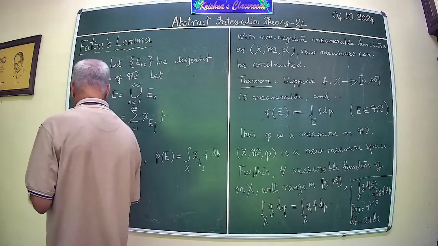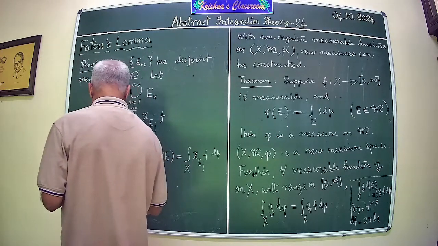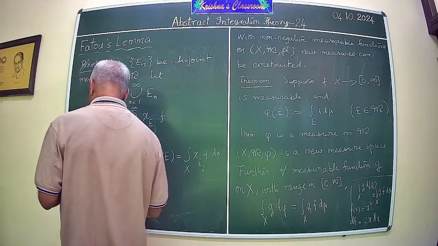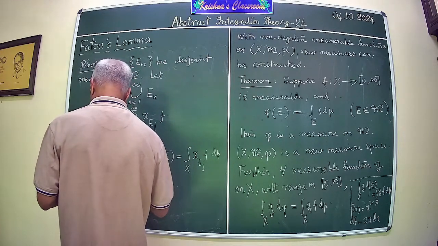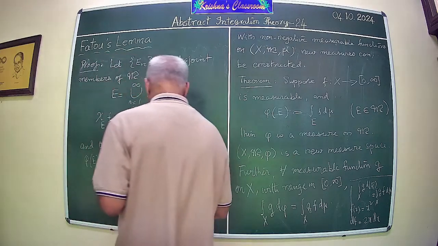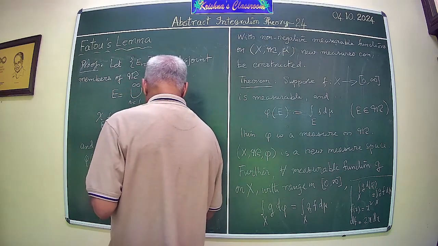Therefore, by a previous theorem, we have proved that phi E equals the sum from 1 to infinity of phi Ej.